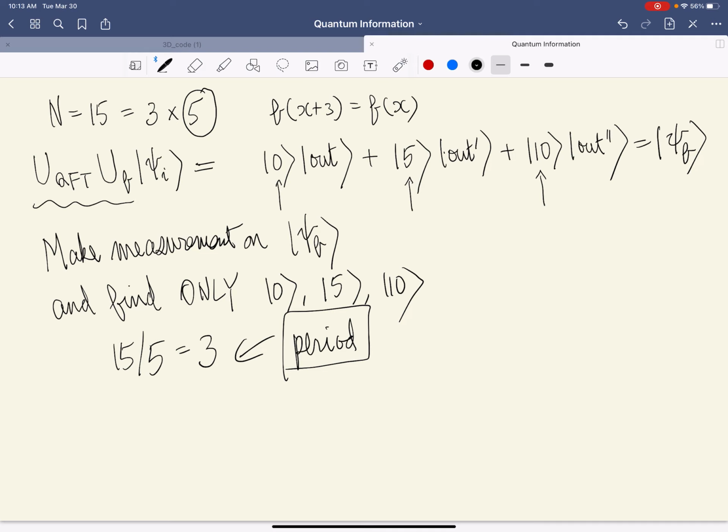And unfortunately, I'm not a very good computer scientist, at least not yet. So if you're interested in that, then you should perhaps refer to more dedicated books on quantum computation. Okay, but other than that, I believe I have conveyed the gist of this period finding algorithm.